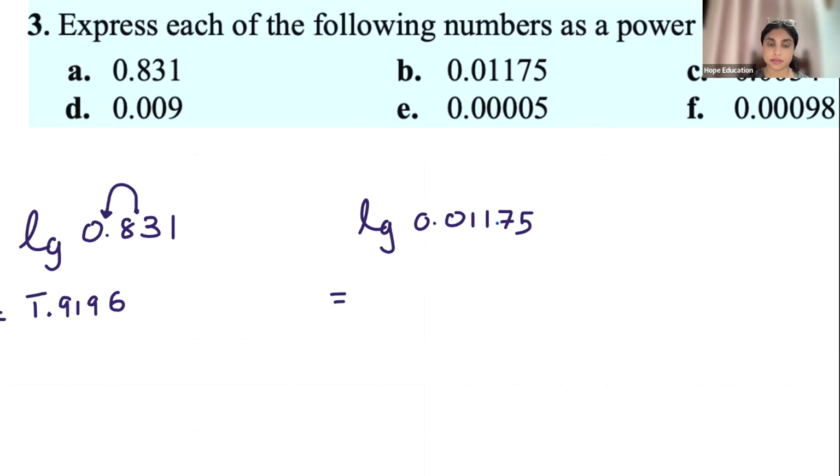Others? Okay, reading 1175 from the log table, you should get 0701. This is the default position of the decimal. Here it has gone two places to the front, so that should be bar 2. So that's how it is.